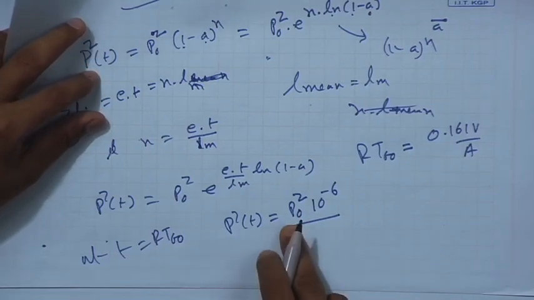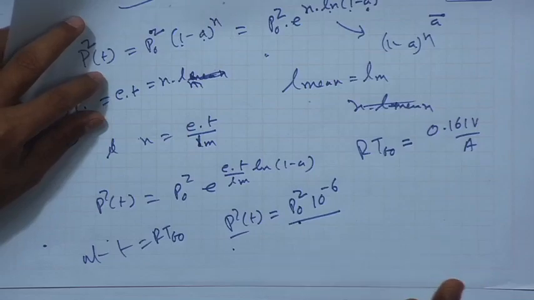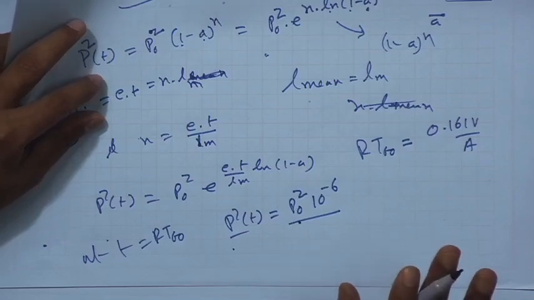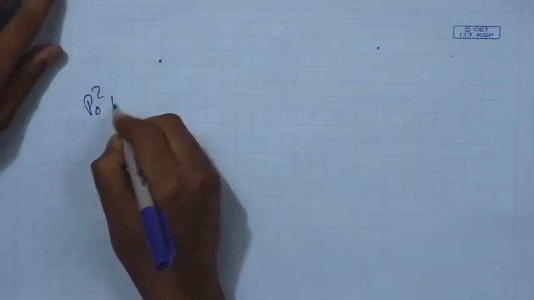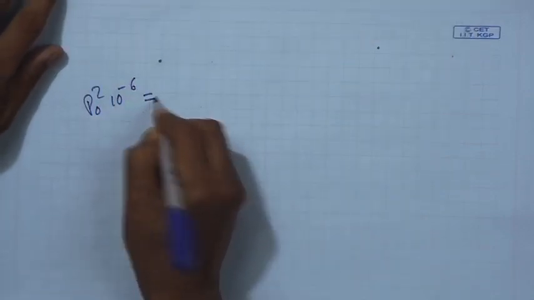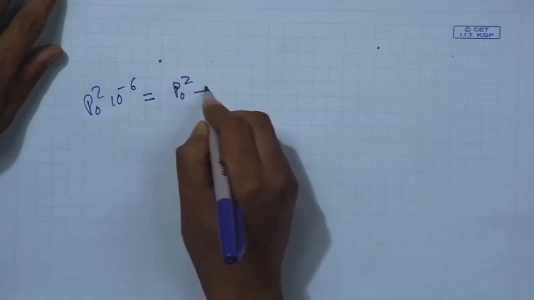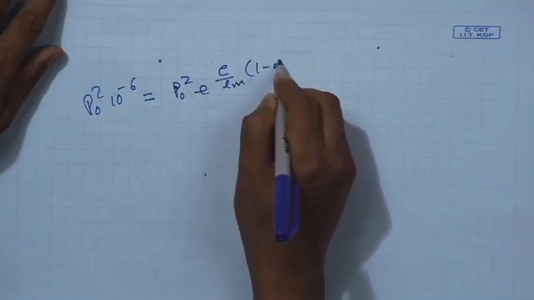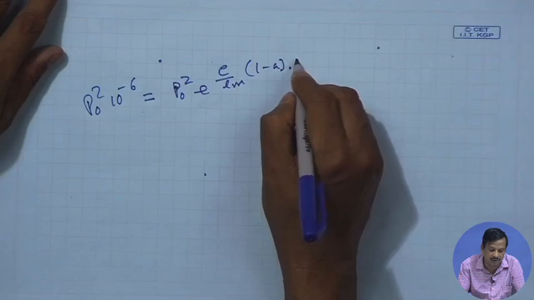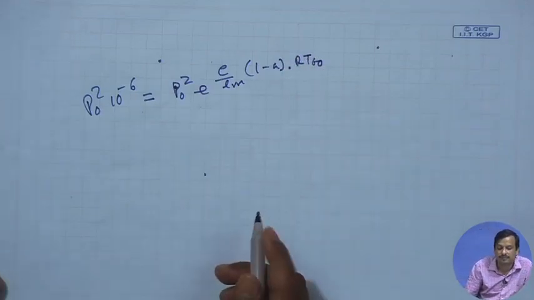If P0 is the initial pressure, the rho c factors appear on both sides, so I do not consider rho c. So, P0 squared into 10 to the power minus 6 is equal to P0 squared e to the power c by Lm into 1 minus a into t, where t is RT60.